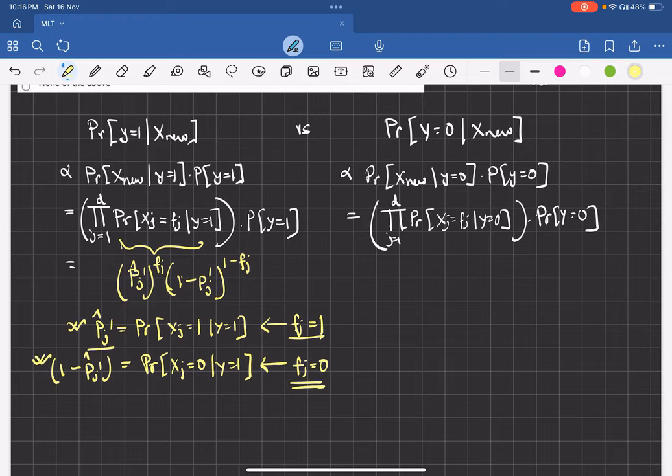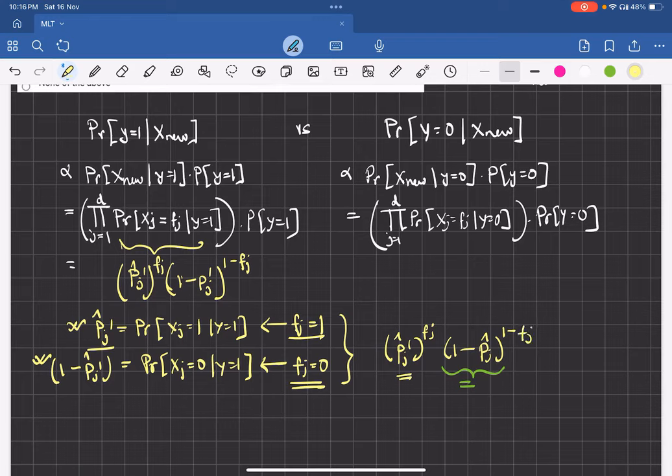So this together can be written as pj1 hat to the power fj, because if fj is 1 we will get this. And the second term, sorry, it should be 1 minus fj. Let me write that clearly. This has to be 1 minus pj1 hat to the power 1 minus fj.